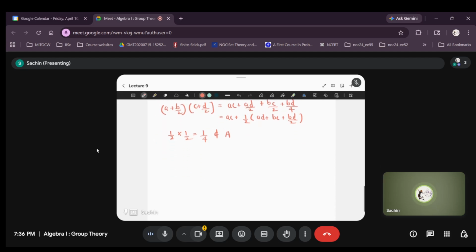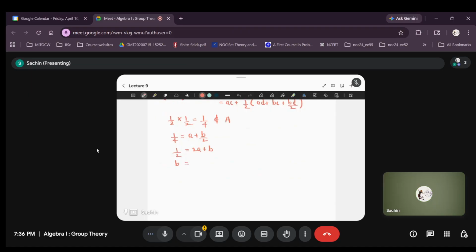Because suppose 1 over 4 was of the form A plus B by 2 for some integers A and B, then that would mean half is equal to 2A plus B. That should mean B is equal to 1 minus 4A by 2.